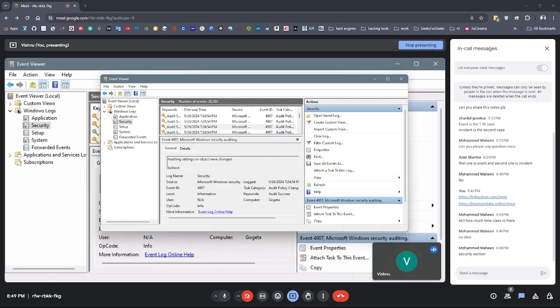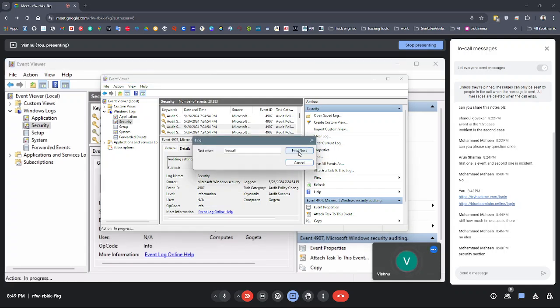So here you can see we got something, but these are not firewall logs. This is something related to a Windows security change, that's it. This is not a log related to the firewall.